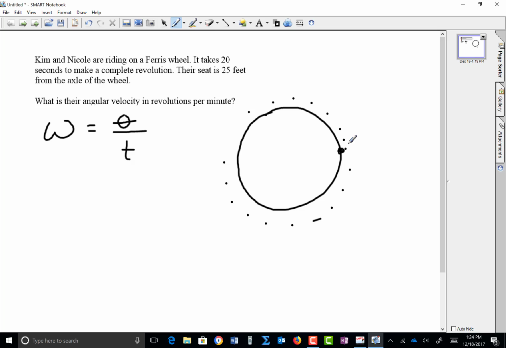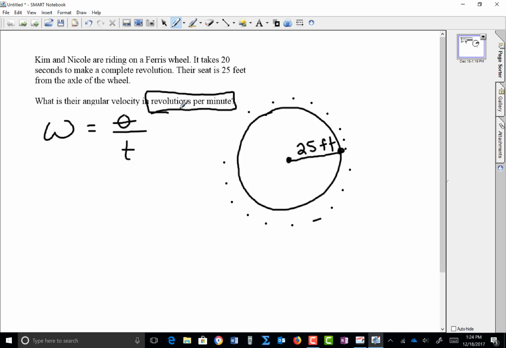And in this one, they're saying their seat is 25 feet from the axle of the wheel. So here's the axle, in the middle, and this is 25 feet. So they've actually given us the radius of that circle. And it says, what is their angular velocity in revolutions per minute?